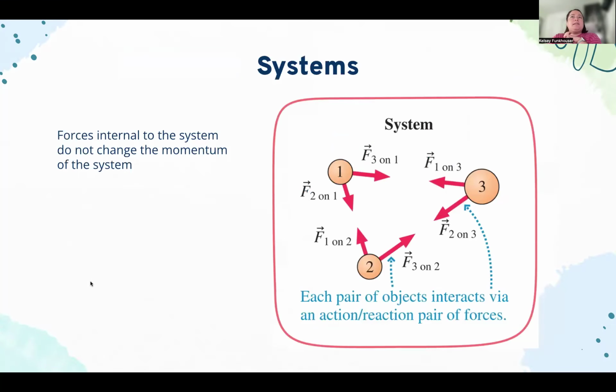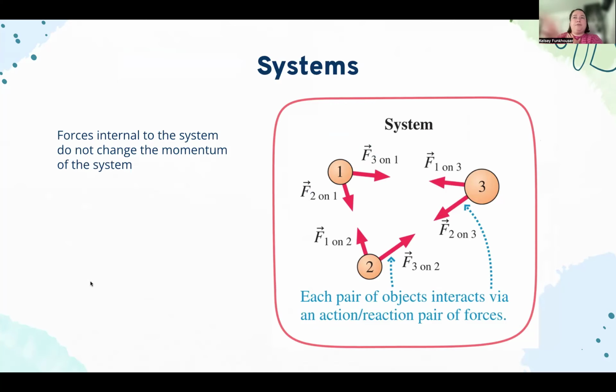So a little bit more on systems. Forces internal to the system don't change the momentum, which is actually what we just saw with that example of if we treat those two objects as being in a system, then the collision doesn't change the total momentum of the system.